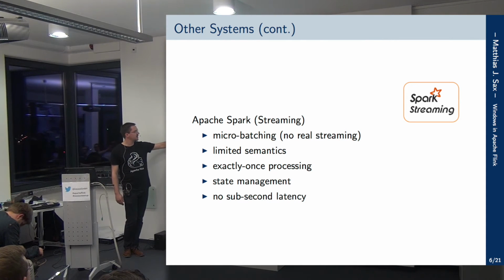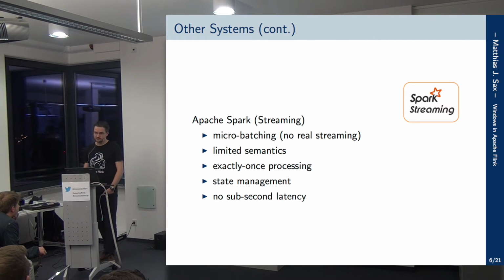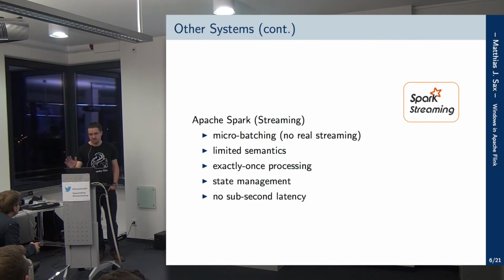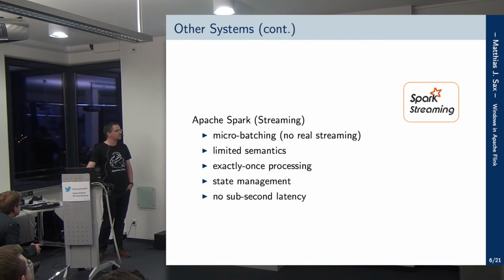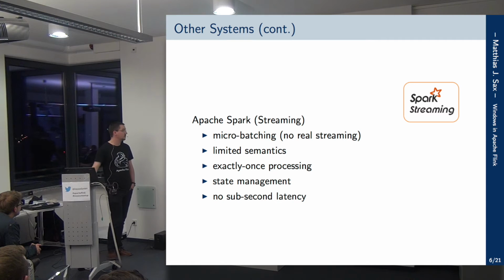The other big disadvantage is that you don't get sub-second latency if you do micro-batching. We have seen that Storm and Flink can reach latencies in the range of 50 milliseconds. That's not possible in Spark streaming. You might get 1 second latency, maybe half a second, but then not below.